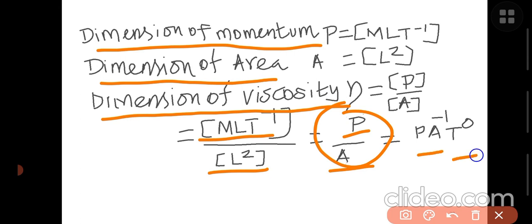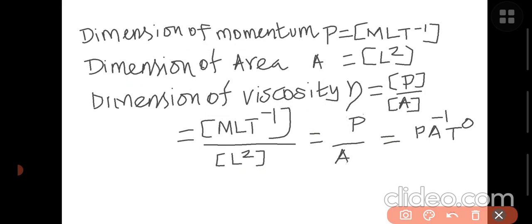Here there is no time, so time is 0. So our correct answer is P A to the power minus 1 T to the power 0. That is the right answer.